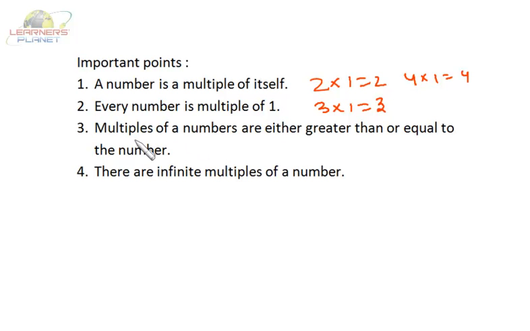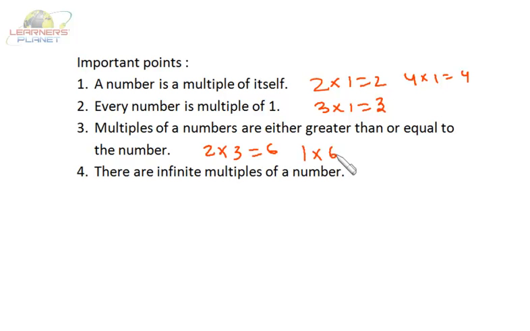Now multiples of a number are either greater than or equal to the number. Suppose I take an example of 2 into 3, that is 6. So 2 and 3 are the factors of 6, and 6 is a multiple of 2 and 3. And we can see that 6 is greater than both the factors.